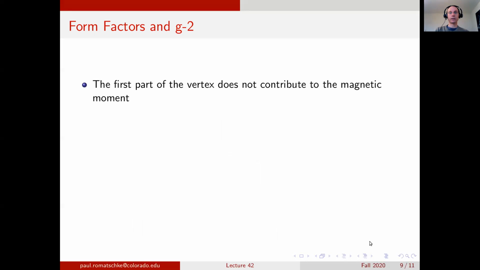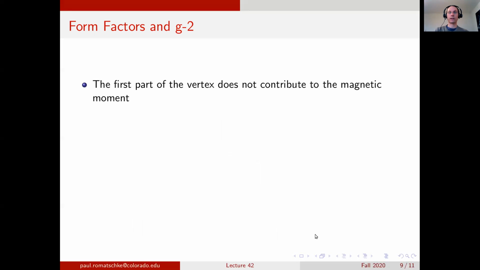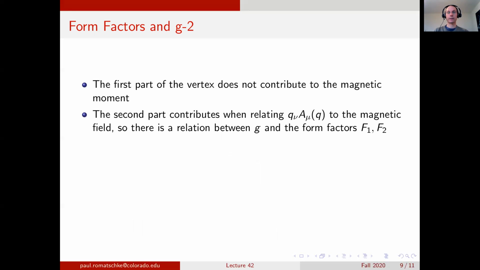Now, as before, only the term that is proportional to sigma mu here gives rise to the term that will give us the magnetic moment of the electron, because this term will turn into the spin operator. So the first term we can neglect when we are focusing on calculating the magnetic moment. And that leaves us with the second part, where we'll get q nu a mu that will give rise to our magnetic field here.